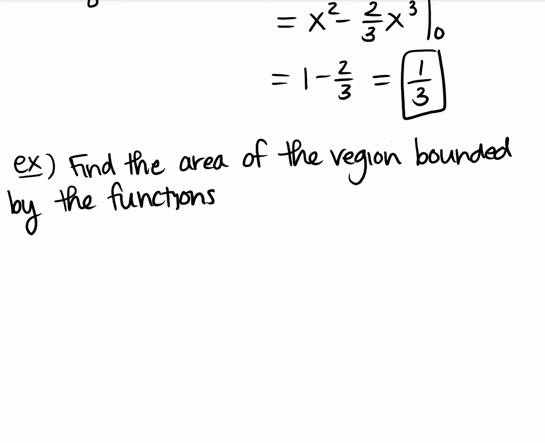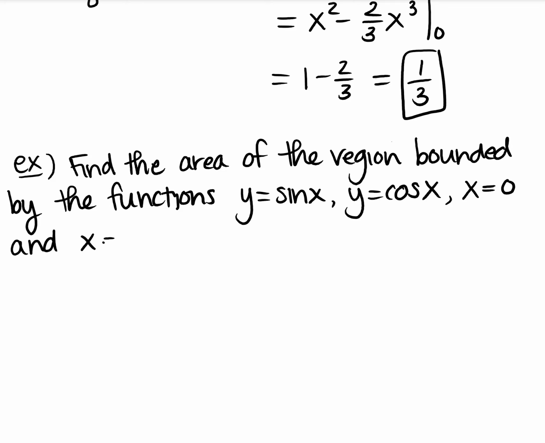Let's do sine and cosine. So bounded by the functions y equals sine of x, y equals cosine of x. Now, if I just told you this, you would tell me right away infinity, because I don't have any bounds. So I'm going to give you a couple more functions. I'm going to tell you x equals 0 and x equals pi over 2.